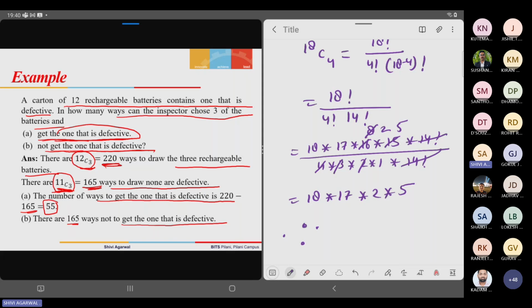Order matters if we go back to the previous class. In one example, I gave you that first is coming head, then second is coming tail, then third is coming head, and so on. If we are making that type of sequence, then only permutation is required.